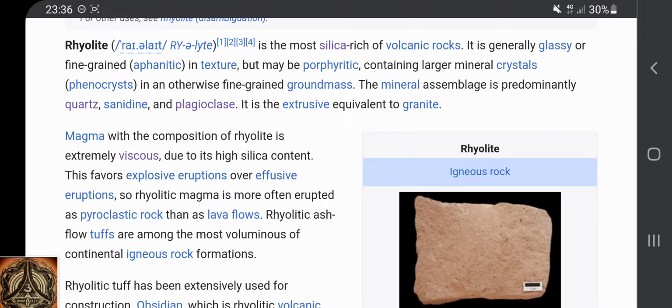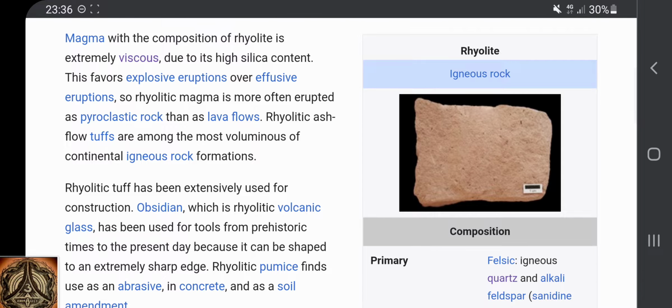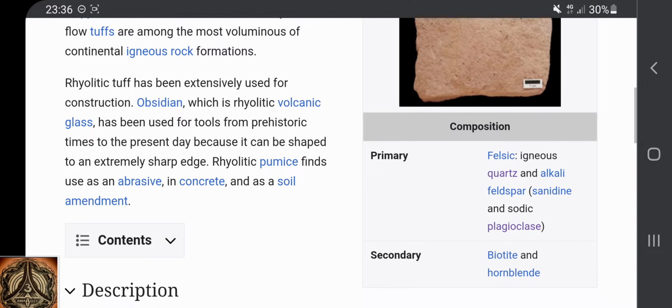This favors explosive eruptions over effusive eruptions, so rhyolitic magma is more often erupted as pyroclastic rock than as lava flows. Rhyolite ash flow tuffs are among the most voluminous of continental igneous rock formations. Rhyolitic pumice finds use as an abrasive, in concrete, and as a soil amendment.